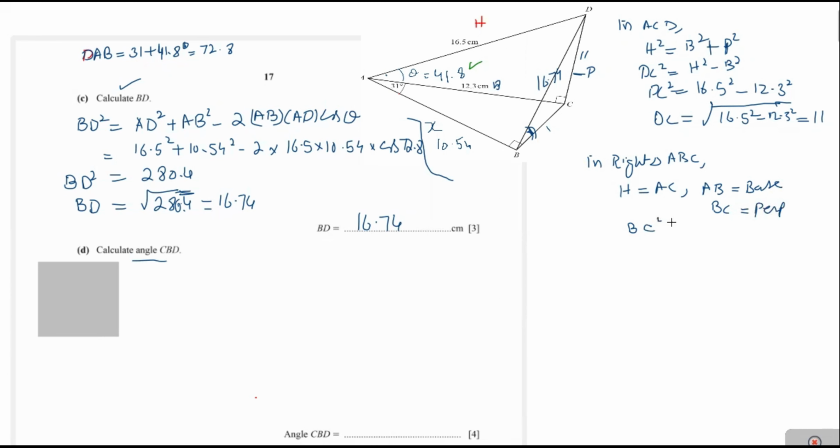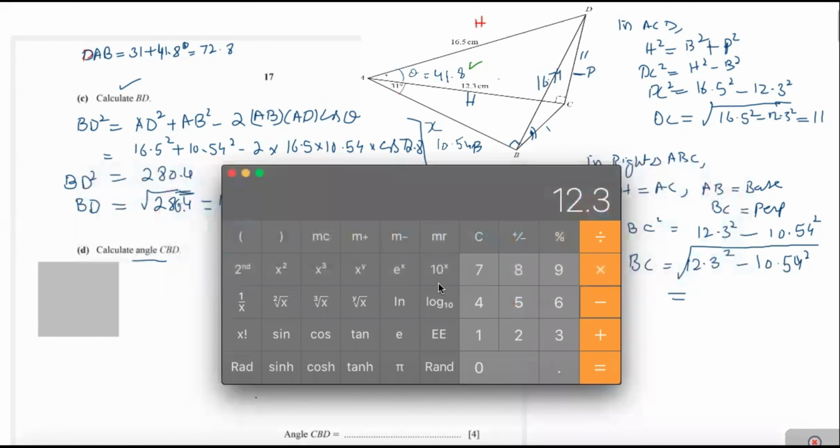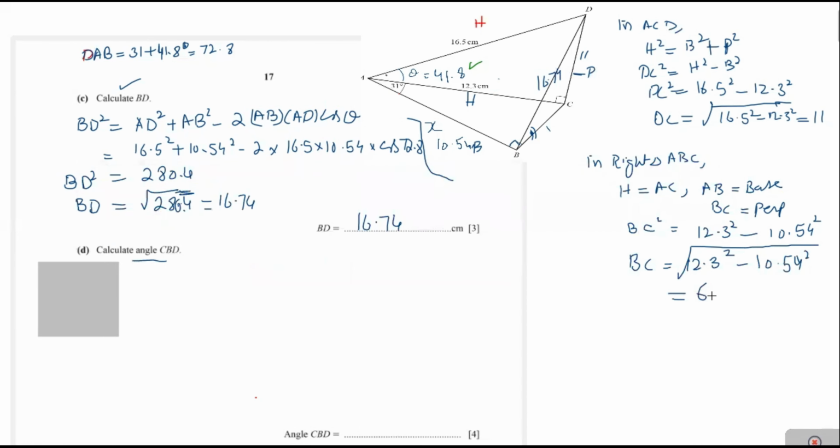Therefore, BC squared will be equal to 12.3 squared minus 10.54 squared. That's equal to 41.98, and taking the square root, that's equal to 6.34. Now we write it as 6.34.